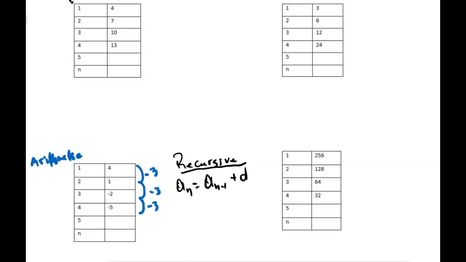So a sub 5 equals the previous term, which is the 4th term, -5, plus the common difference, which is -3. Plus minus gives you minus. So if the common difference is negative, we just put negative here. -5 minus 3 is equal to -8. So a sub 5 equals -8. That's the 5th term.